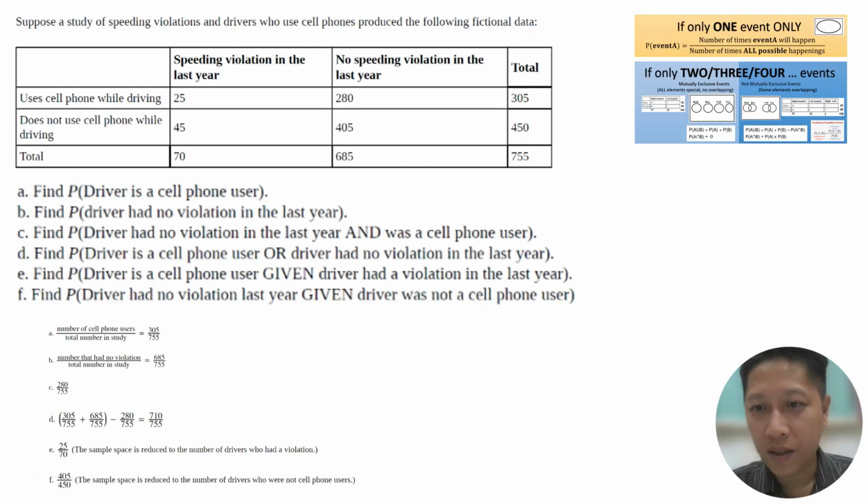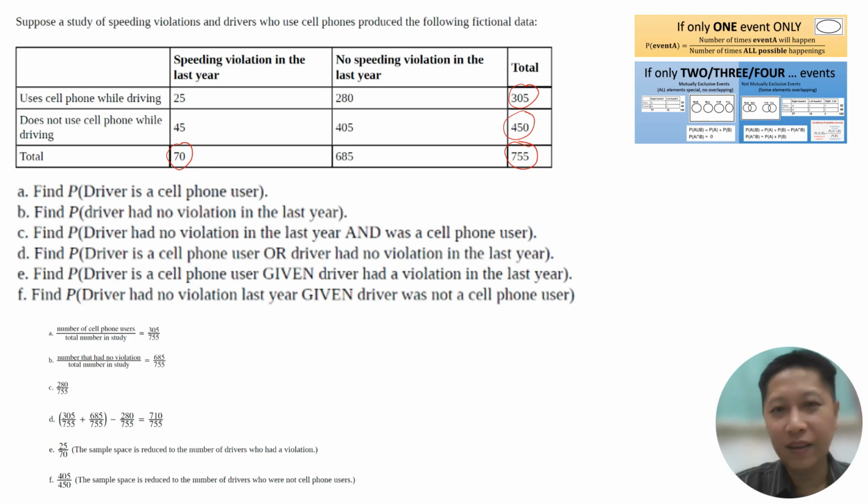Next, this is the second example. It's quite similar to the first example. We have a contingency table. For this case, there are a total of 755 drivers being surveyed, and there are a total of 305 drivers using their handphone, and 450 drivers not using their handphone during driving.